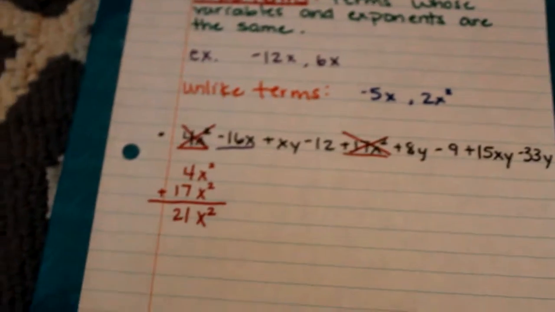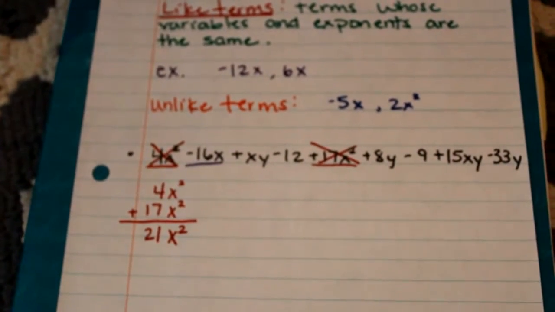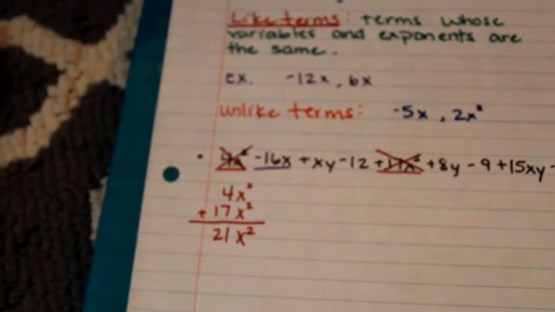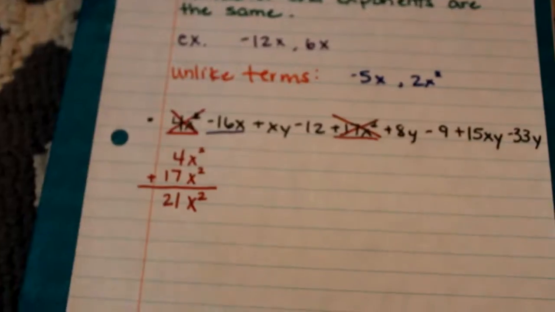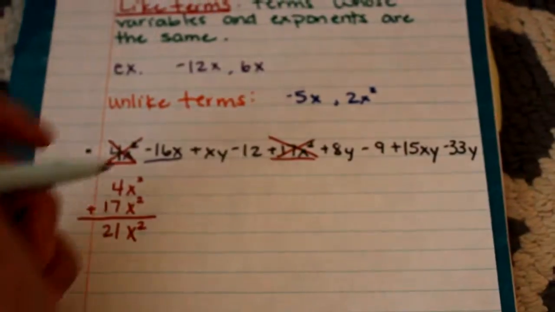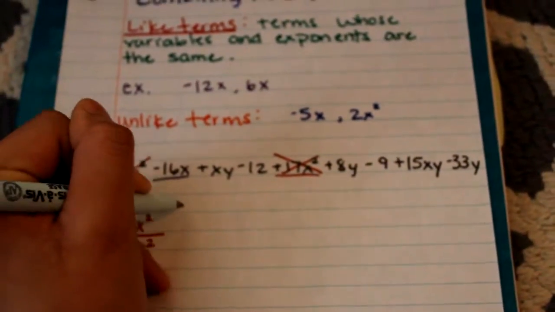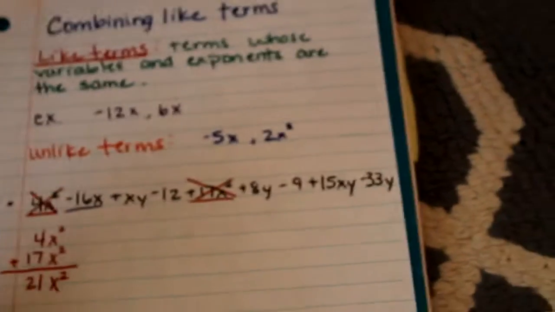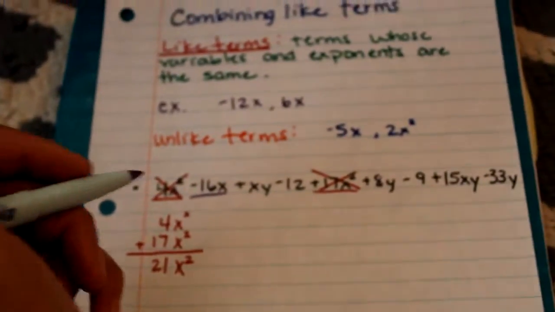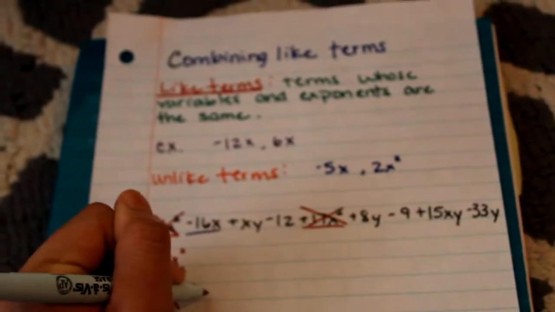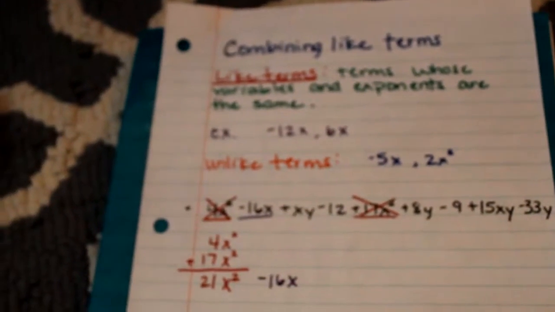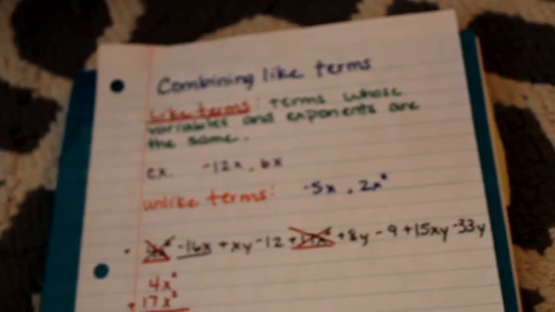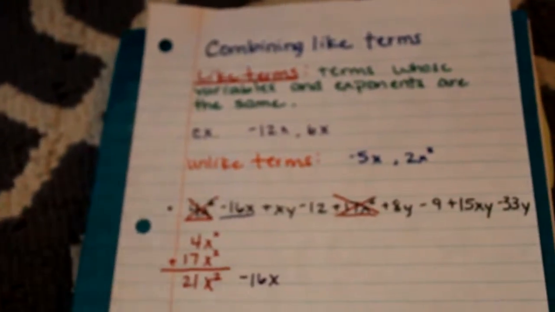And the last one, minus 33y, and that's also not a like term. So there is nothing we can combine to the minus 16x. So what we're going to do is just leave it alone. We're going to say minus 16x. Okay, and so we're done with that term.